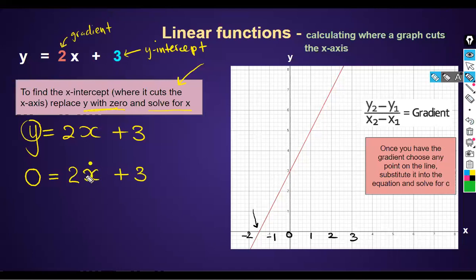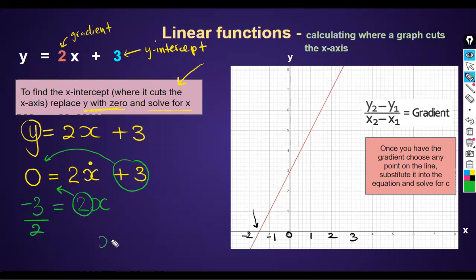If you want to solve for x, you want to get x on one side, and everything else on the other side. You can just throw across positive 3. Positive 3 becomes minus 3. This 2 is a multiply. Throw across a multiply, you get a divide. You could leave it as minus 3 on 2, but if you use the calculator, minus 3 on 2 is minus 1.5.